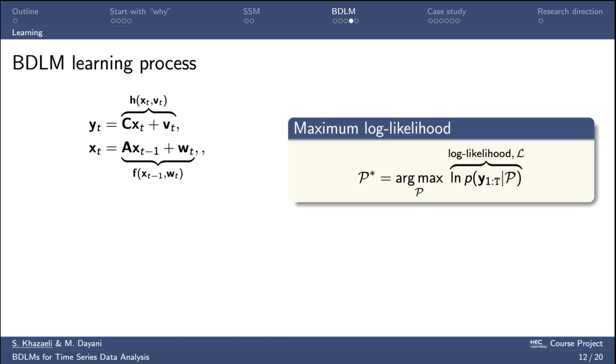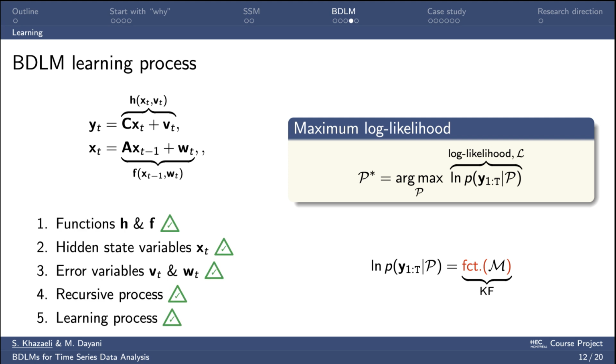Here, we can use maximum log likelihood estimation. In other words, we want to find a set of parameter values that maximizes the log likelihood function. And the good news is that when we are using the Kalman filter, we have this log likelihood function, which is a function of all of these model matrices, and we can use it to find these parameters.